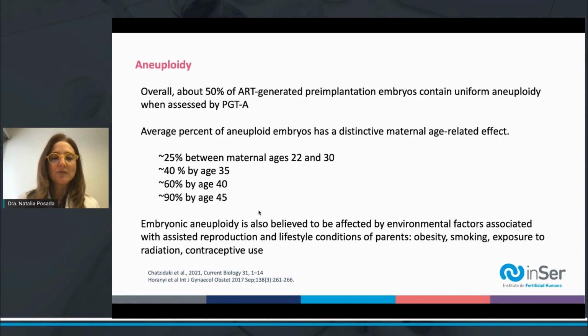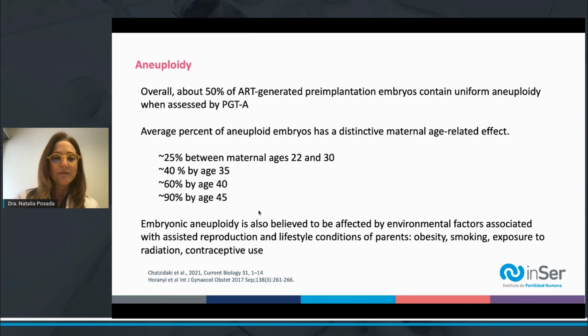But by the age of 35, around 40% of all embryos are aneuploid. And when a woman reaches the age of 40, 60% of embryos are affected. And by the age of 45, almost 90% of embryos will be aneuploid. And that is probably the main reason why fertility declines steadily after the age of 35.